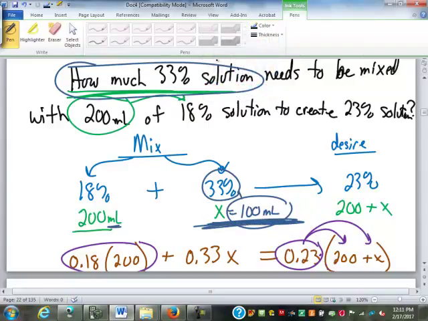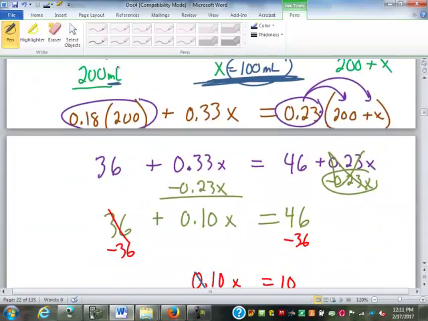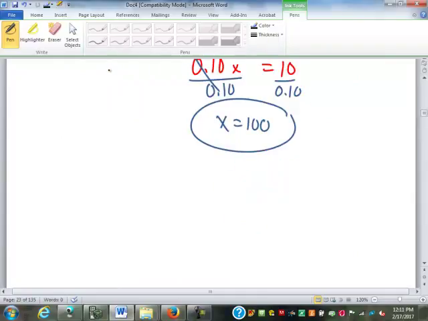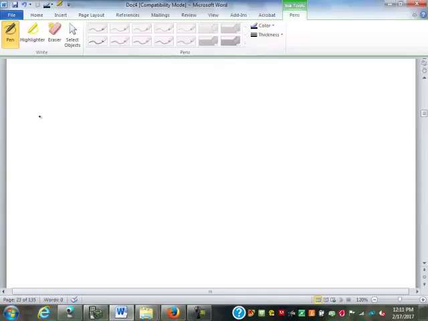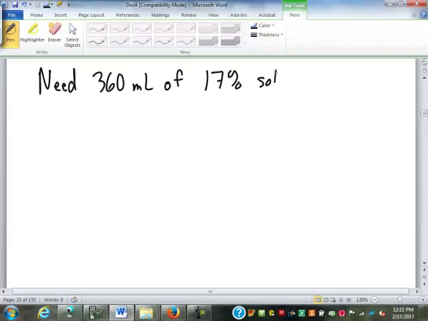Most of the problems we do in the book are going to look similar to this. But in practicality, we run into problems like this, where we don't necessarily know how much of the ingredients, we know how much we want of that final solution. So we might be told we need 360 milliliters of 17% solution.